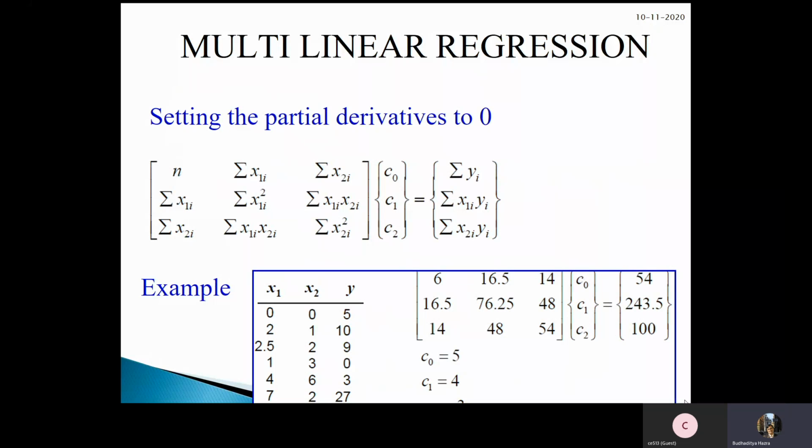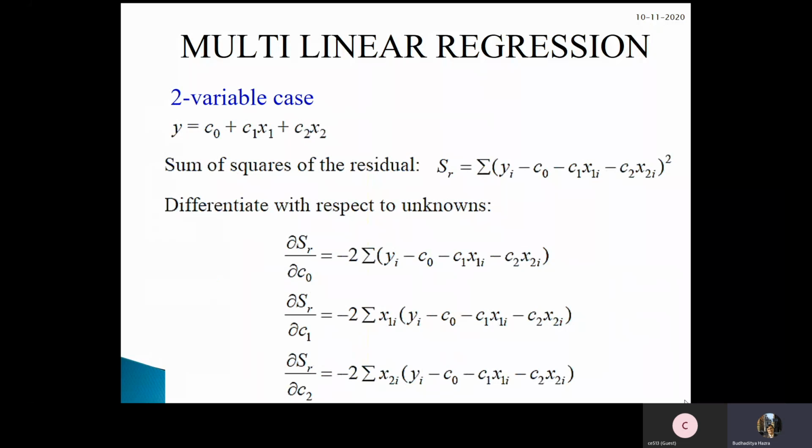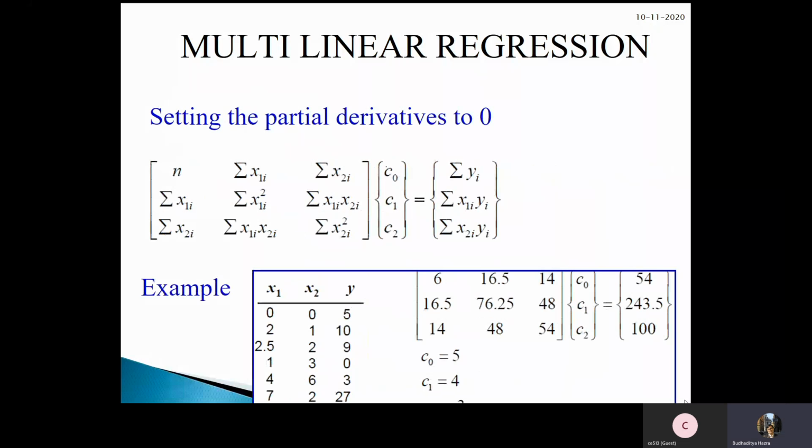This is a very simple way of showing this entire exercise in a matrix equation format. Ultimately, what we want is to find the values of c0, c1 and c2, and that can be easily done if you apply this matrix equation.